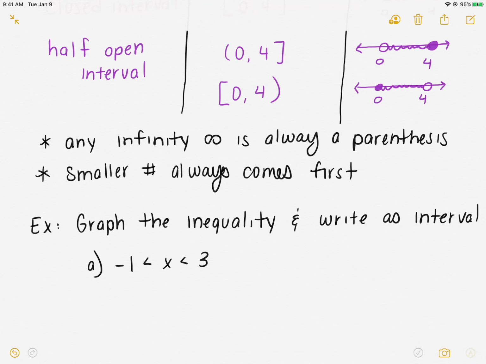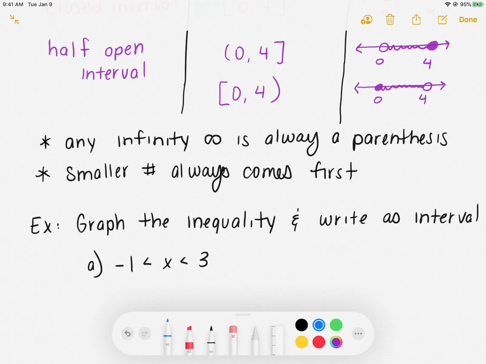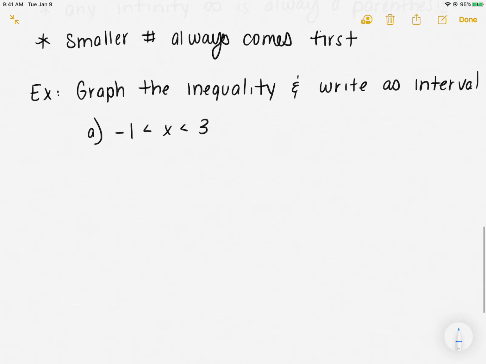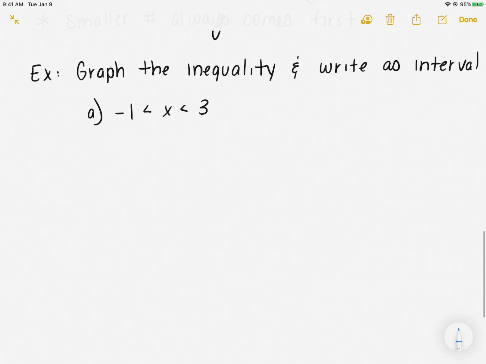We had that pretty graph that had a -1, it had a 3. They both have open circles because they're just less than signs. And it was all my numbers in between. My x is in between -1 and 3.